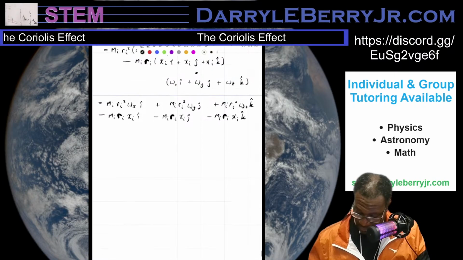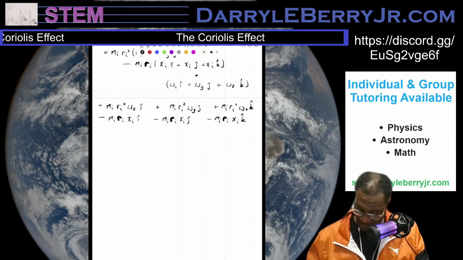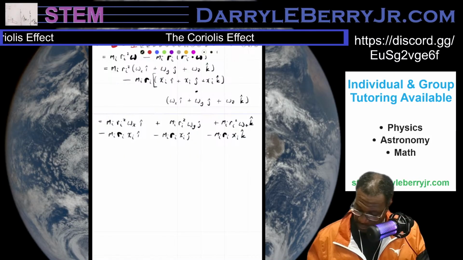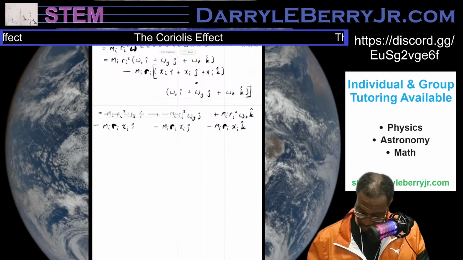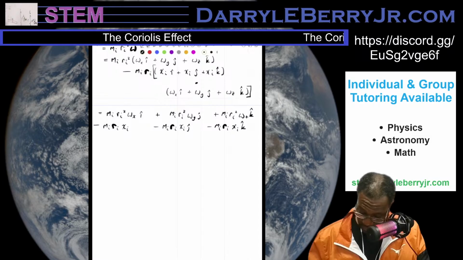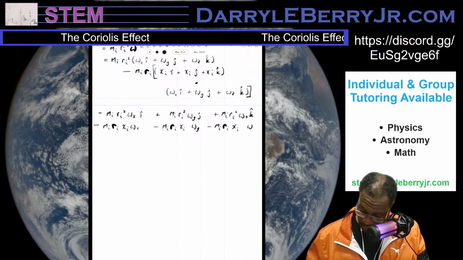Yeah, that's right. The dot product is omega x, omega y, omega z.